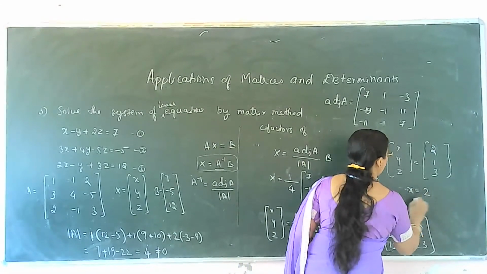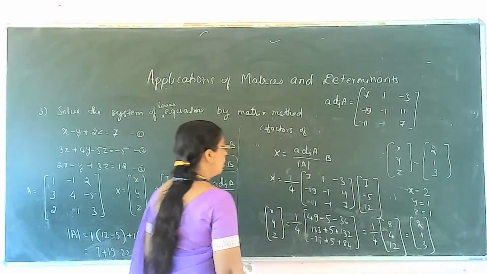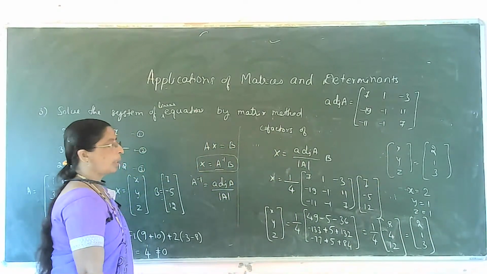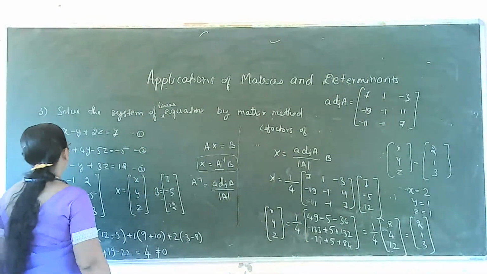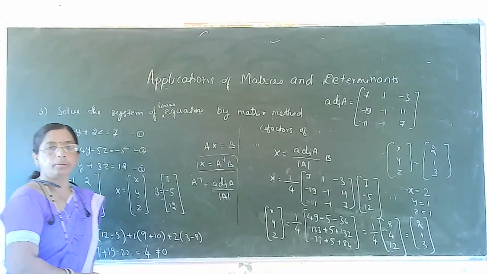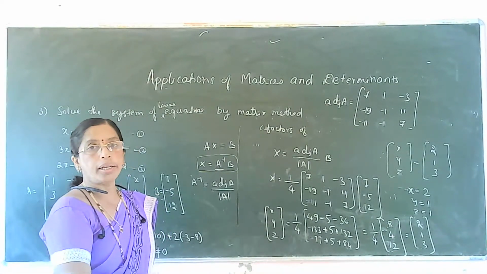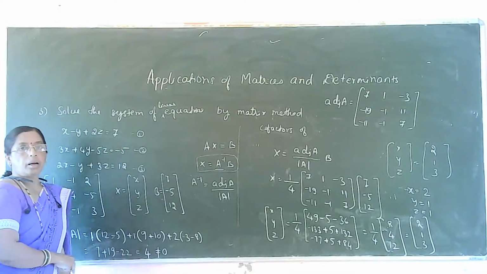Therefore, x is equal to 2, y is equal to 1, and z is equal to 3. These are the solutions of the linear equations in this system. First, we write the coefficients of the x, y, z of the linear equations respectively.